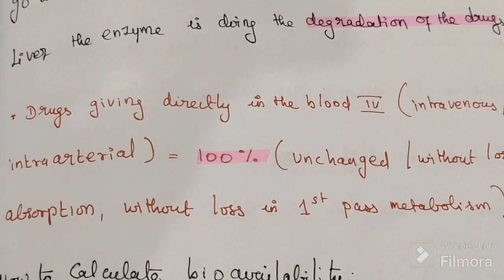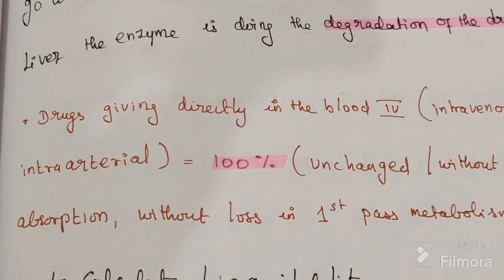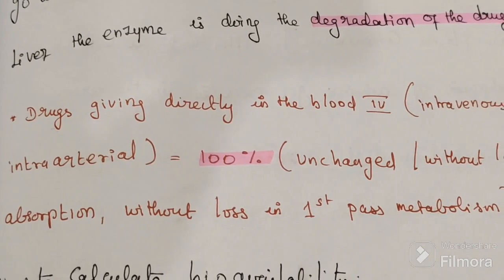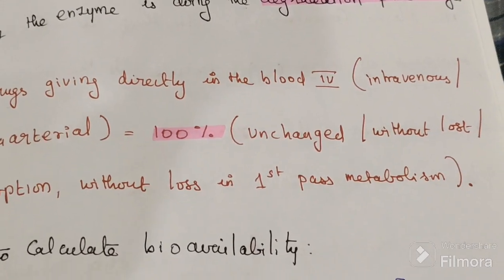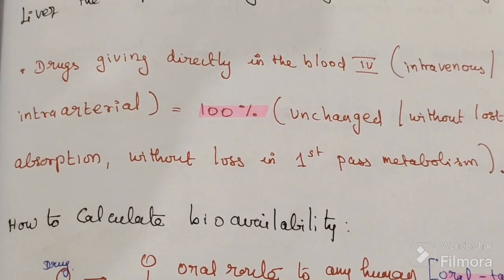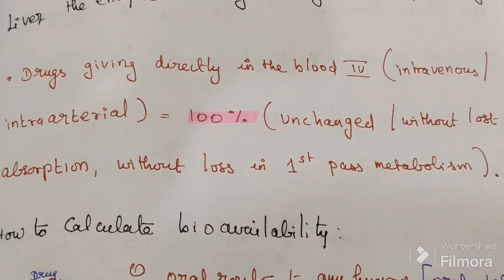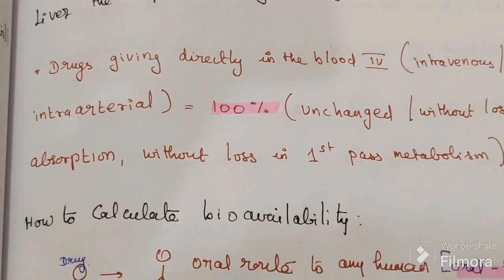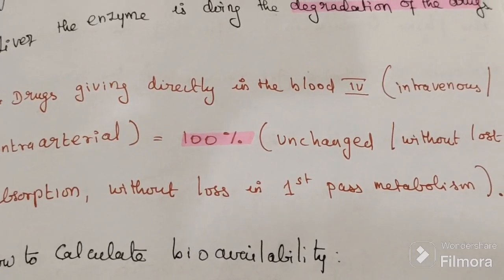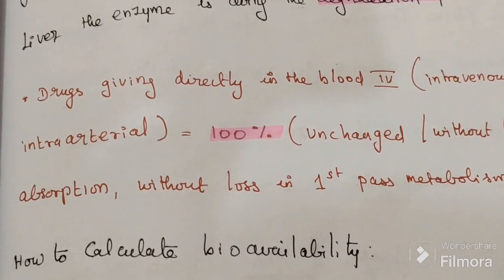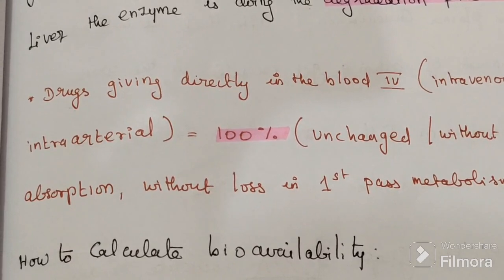We give the drugs by various routes. So 100% bioavailability occurs only with intravenous. If I am giving the drugs directly in the blood, IV or intra-arterial, then I have 100 grams in the blood.